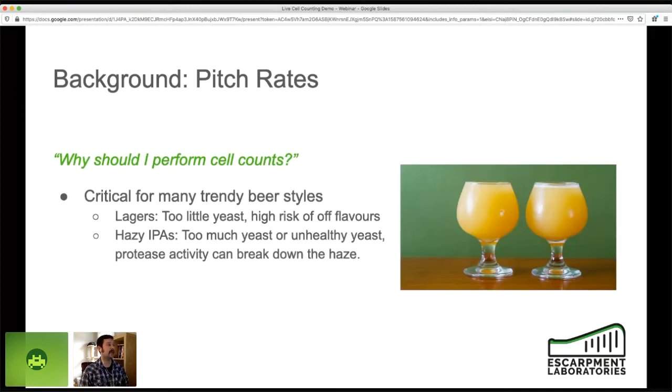Why should I perform cell counts? It's critical for many trendy beer styles. So lagers, too little yeast, high risk of off flavors. Hazy IPAs, too much yeast or unhealthy yeast can result in protease activity, which can result in the breakdown of haze. Some people, if you want to get those Iceman pours, the lack of foam can help you get there.